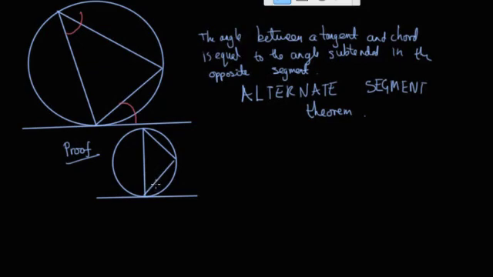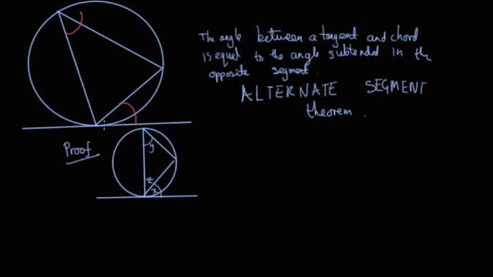So we're going to call this angle here x. We're going to call this angle here z, and we're going to call this angle here y. So what we're trying to prove is x and y are the same.